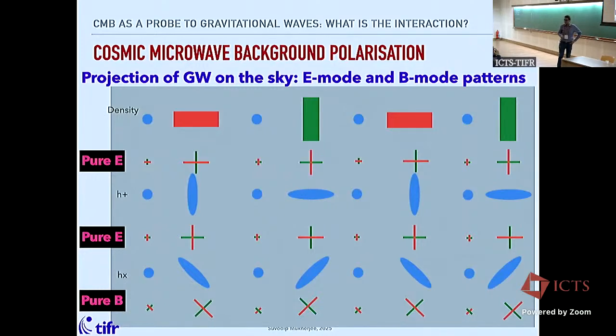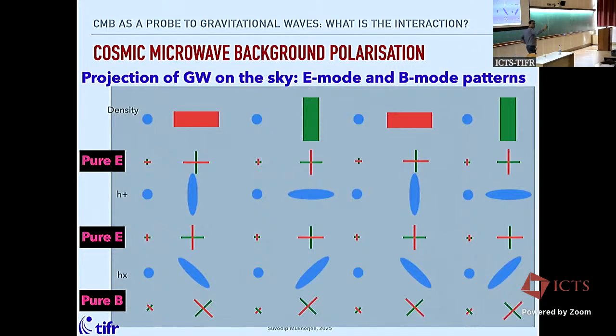If I do the same game everywhere, I will get a net polarization direction at an angle of 45 degrees with respect to the direction of propagation. That's the key. Density fluctuations will always produce polarization sticks either parallel or perpendicular to the direction of propagation; the other one won't, it has a different direction. That's the signature you would like to see on the sky.